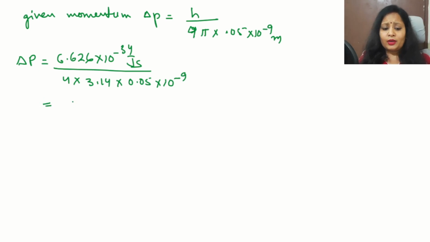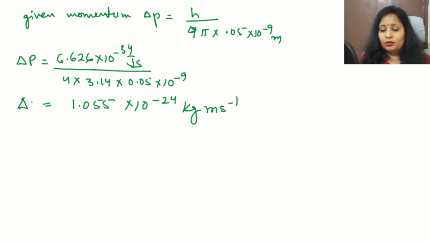After doing all the calculation, it is 1.055 into 10 to the power minus 24 kilogram meter per second. So this is the given value.